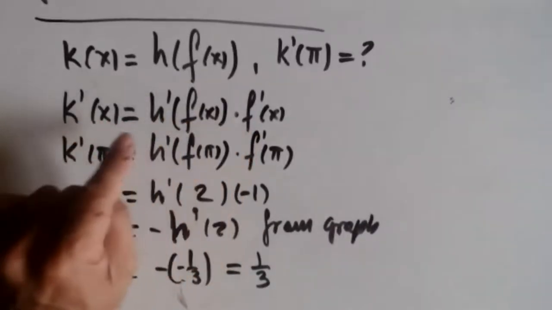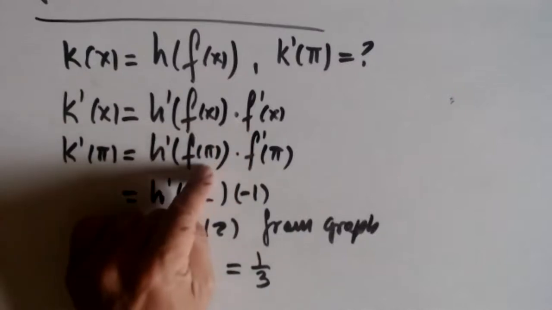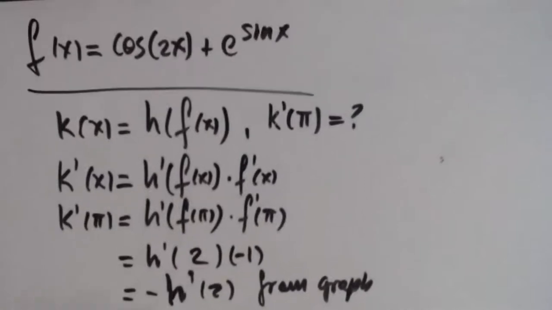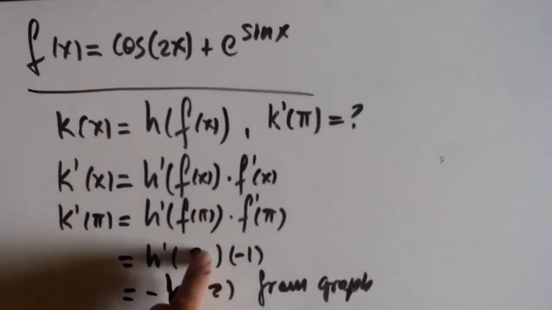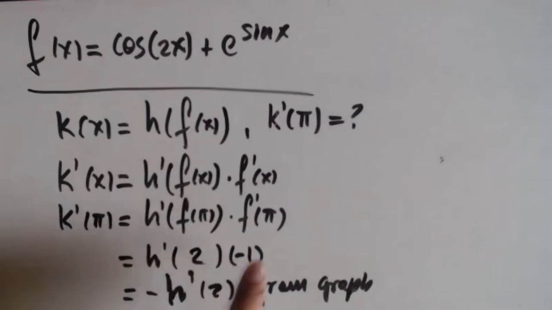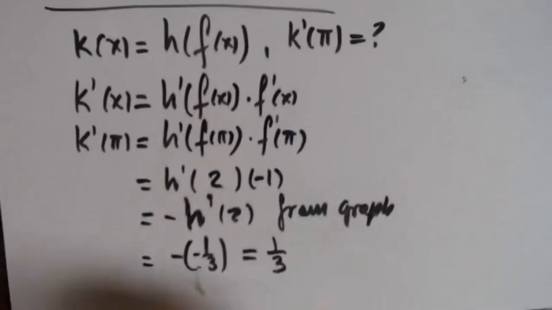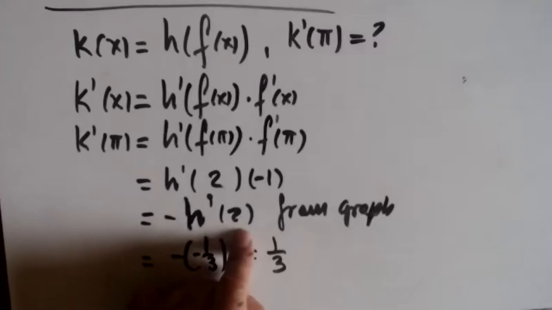With the chain rule, I get this one, right? Not a big deal. Then I put in pi. So I need f of pi and f prime of pi. This at pi I found was a 2, because that's the y of x equals pi. And this is negative 1, the slope of this one. So I just multiply: negative times a positive is negative h prime at 2.